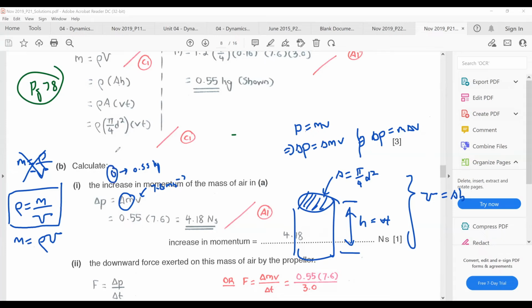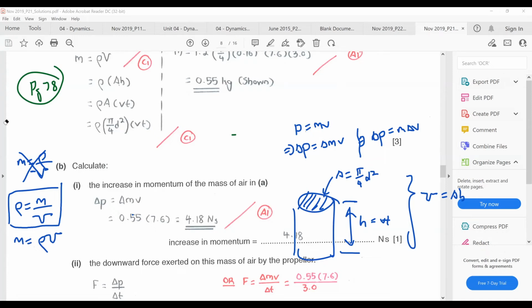It is 0 because before you start the propeller, you're not moving any mass of air. But once you start the propeller, in a time of 0.3 seconds, you move this mass of air. So your change in mass is just 0.55. You multiply those two together, and you get your answer as 4.18 Newton second. That is your increase in momentum.